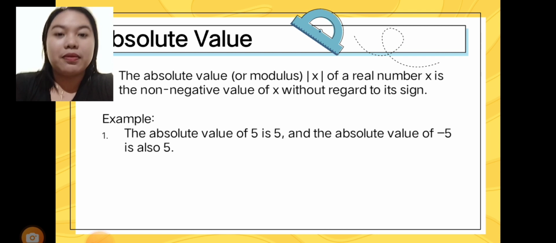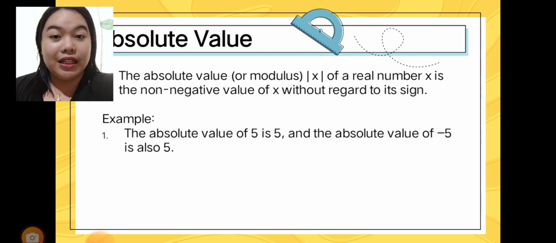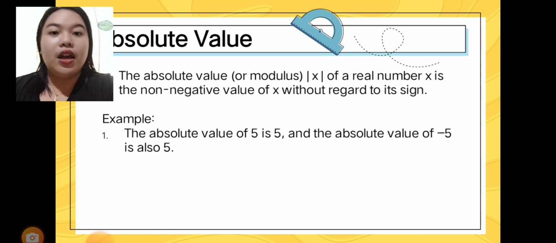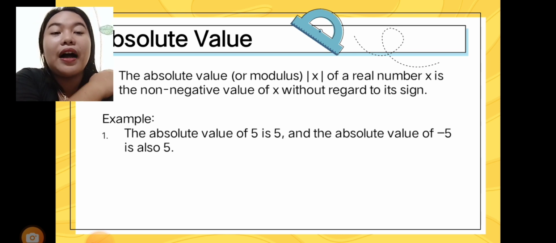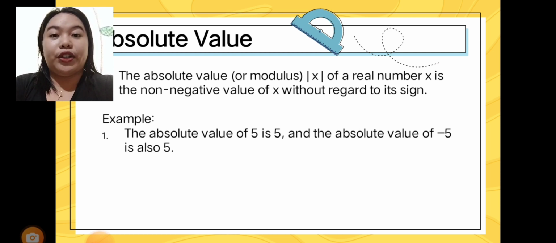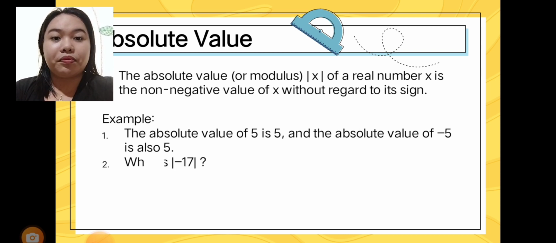So here in absolute value, if the number is positive, its absolute value is always positive or itself. And also if the value is negative, its absolute value or corresponding value is always positive. Next, example, what is the absolute value of -17?